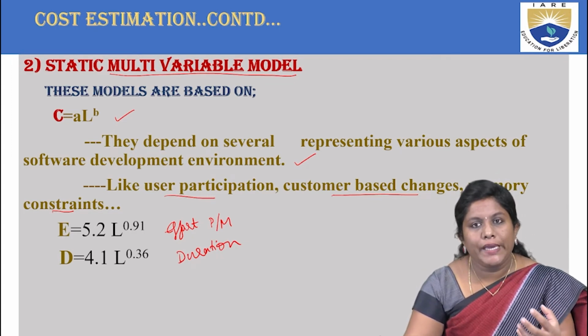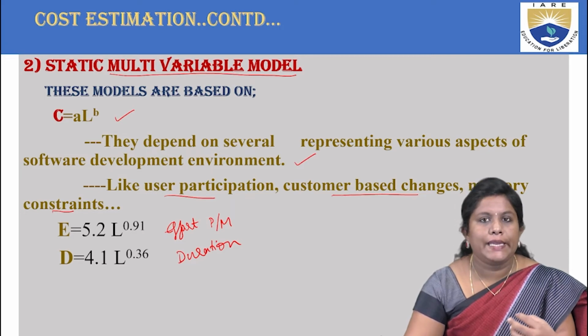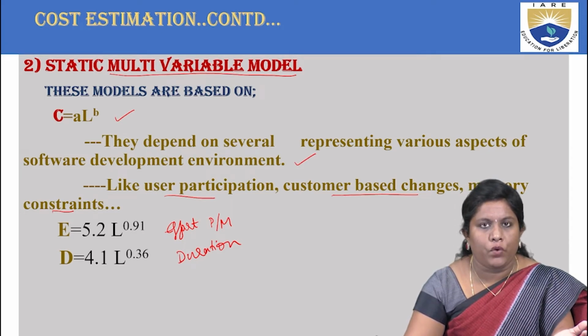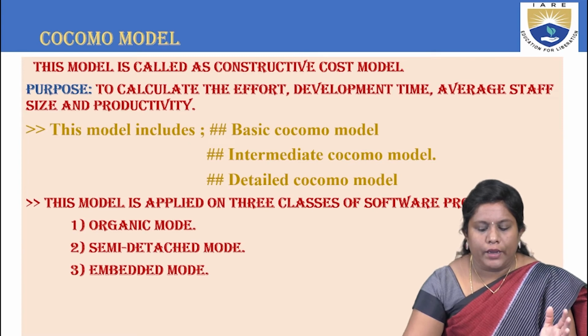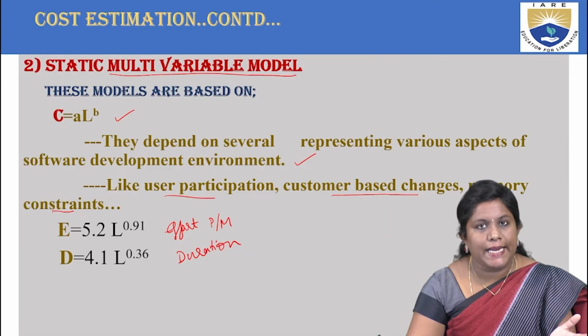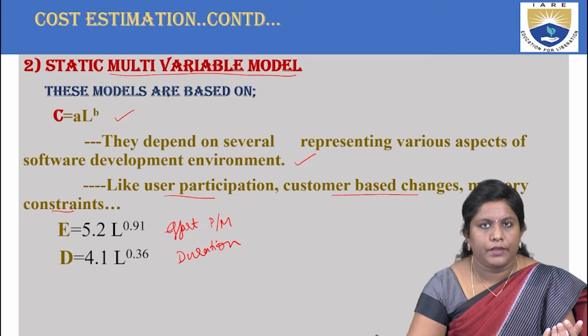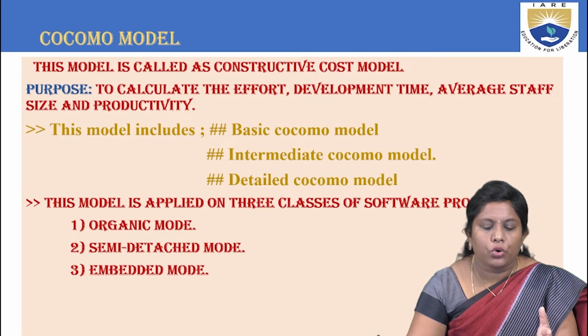So by knowing what is given in the question, you substitute the relevant things in the formulas and get the outputs that we want. Okay. Now, this is all about the two things, that is the static single and the multivariable models for cost estimation. Now, moving to the Cocomo model.